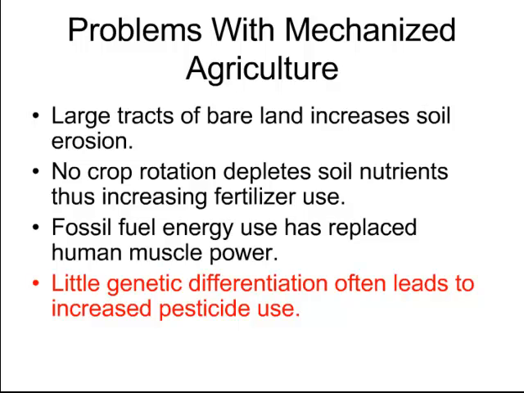Because all of the individuals in the field are genetically identical, it means that diseases and pests spread rapidly on modern fields. So to control those pests and diseases, farmers look to chemicals. And these chemicals, these pesticides, have now become indispensable to the modern farm.